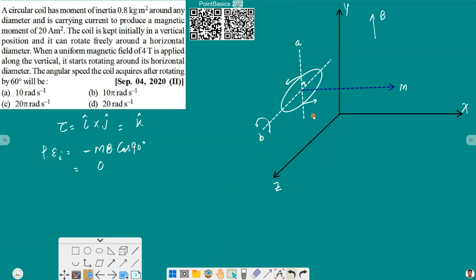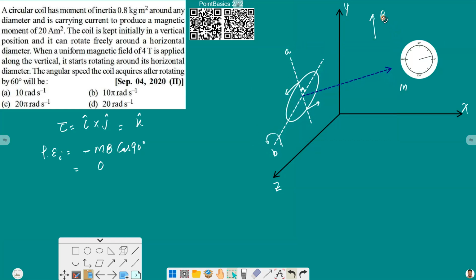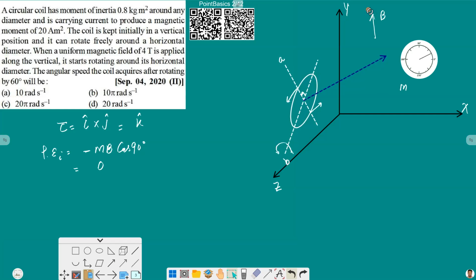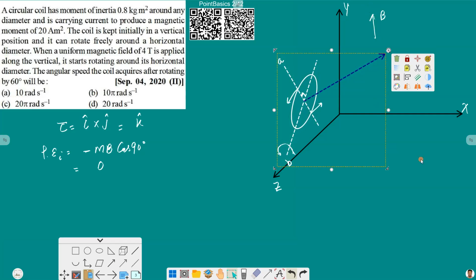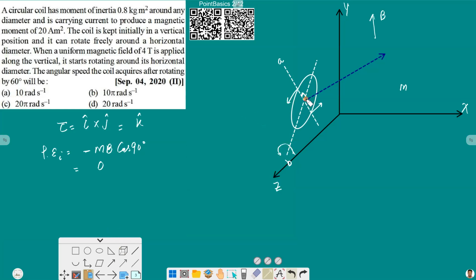Let me choose only this part. Now I rotate this coil by 60 degrees. Now suppose this is rotated by 60 degrees. Now what happens? Let us draw some things.